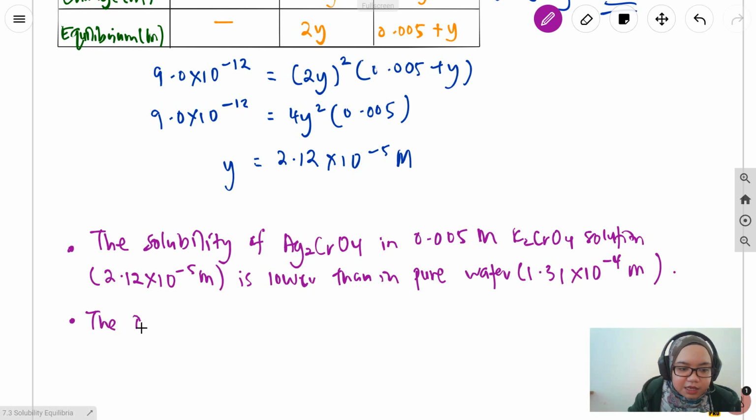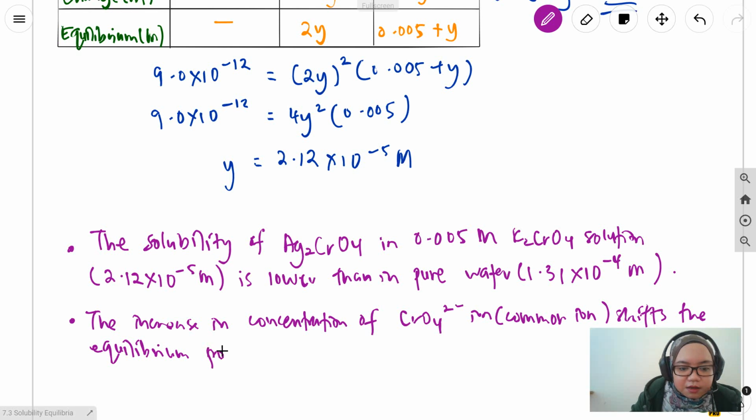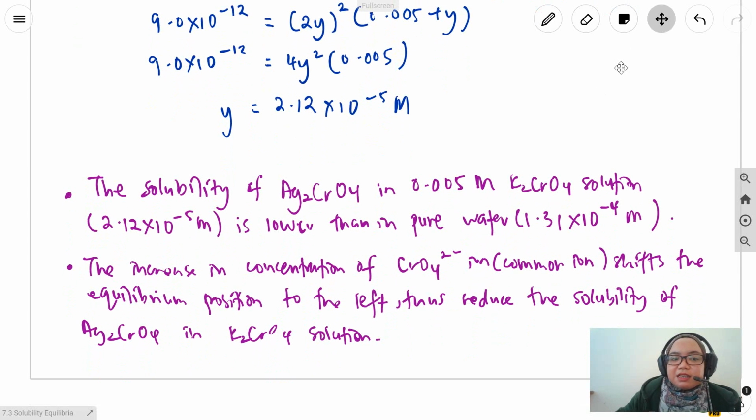Kita akan cakap the increase in concentration of chromate ion, which is common ion, shifts the equilibrium position to the left, thus reduce the solubility of Ag2CrO4 in K2CrO4 solution. So, this is how you answer this kind of question.